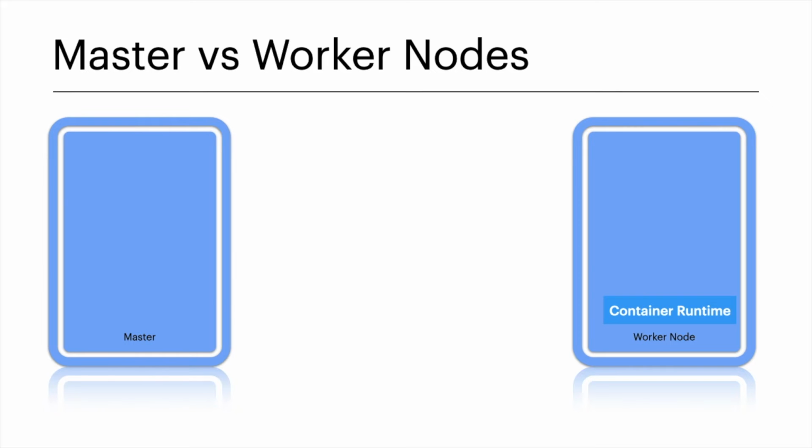But throughout our video series, we are going to use Docker as our container runtime. The master server has the kube API server, and this is what makes it a master. All the information gathered is stored in a key value store on the master. The key value store is based on the popular etcd framework, as we just discussed.